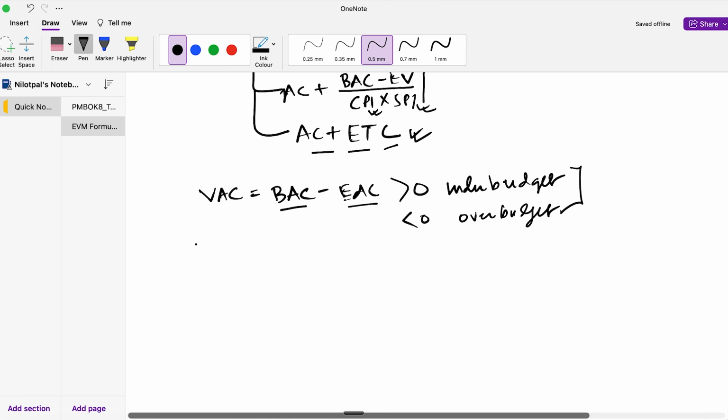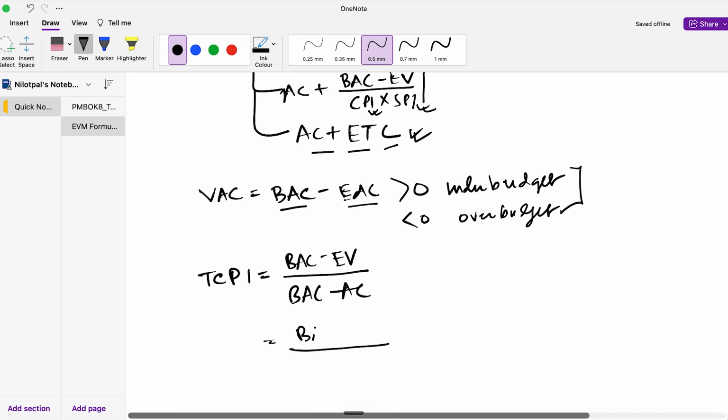And finally, the last formula which you need to remember as part of your earned value management overall topic is TCPI, which is to complete performance index. It is calculated as BAC minus your earned value divided by BAC minus your actual cost, or there is another variation of this formula, which is your BAC minus your earned value divided by EAC instead of your BAC minus your actual cost.